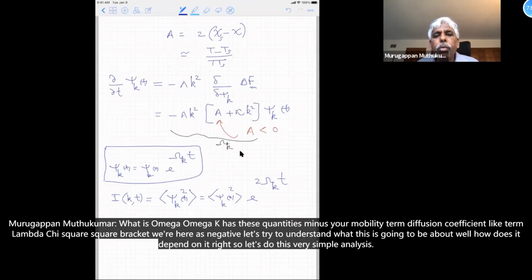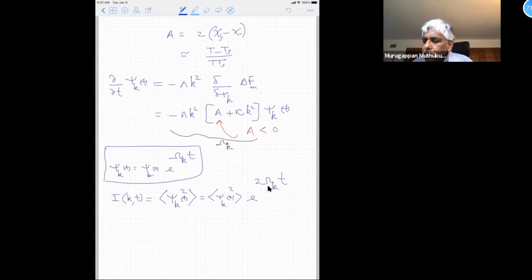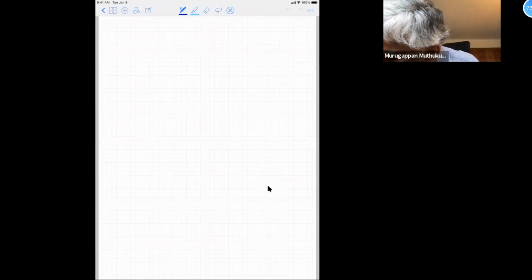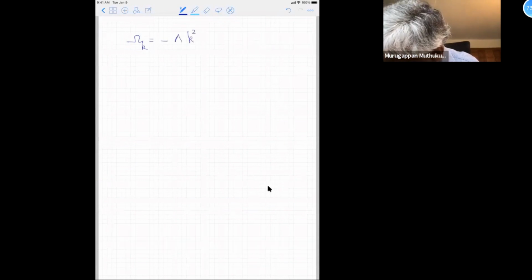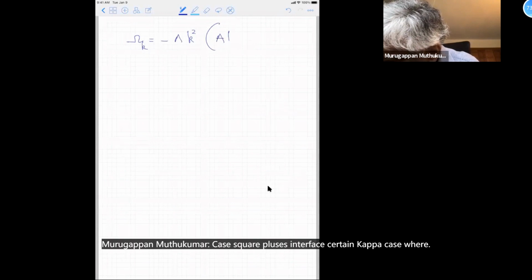What is omega k? Omega k has a mobility, diffusion-coefficient-like term, lambda k squared, times the square bracket, where a is negative. Let's try to understand how it depends on k with a very simple analysis. Omega k is equal to negative lambda k squared times a plus the interfacial term kappa k squared.